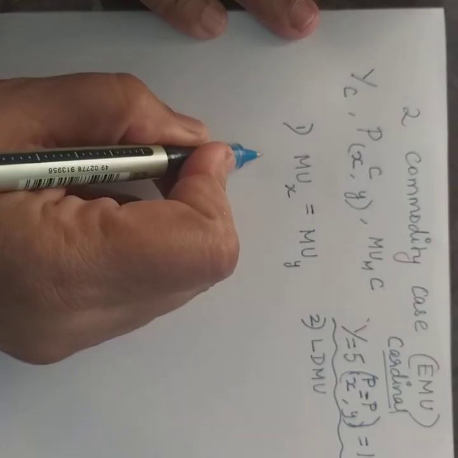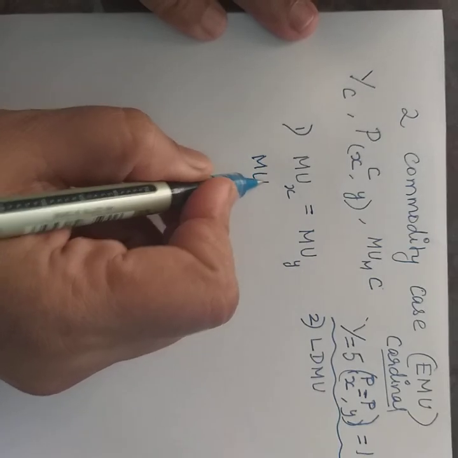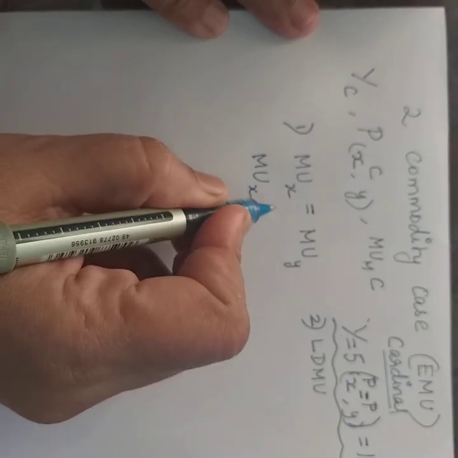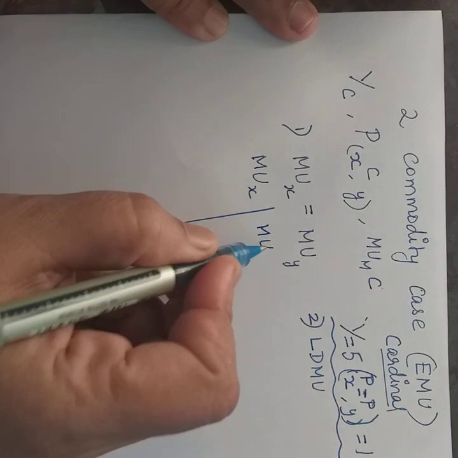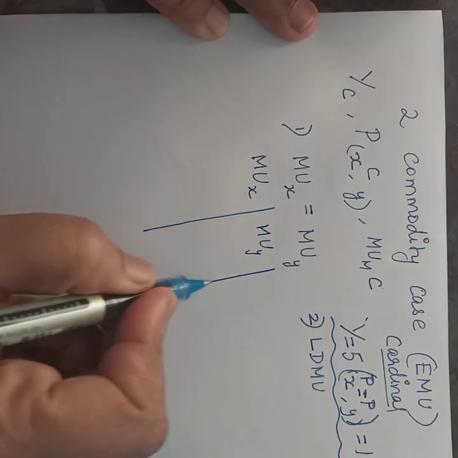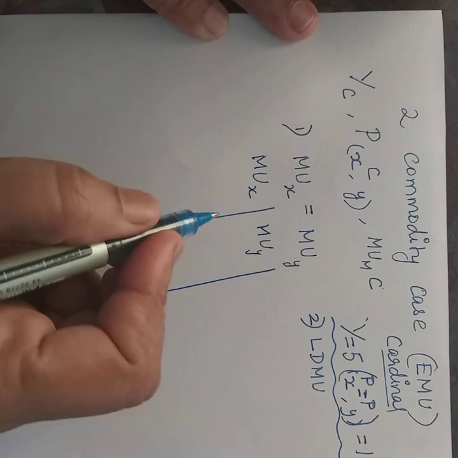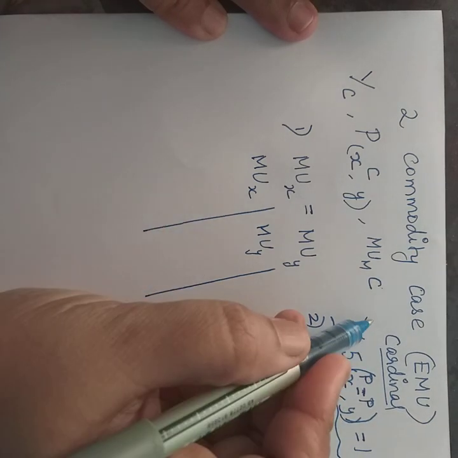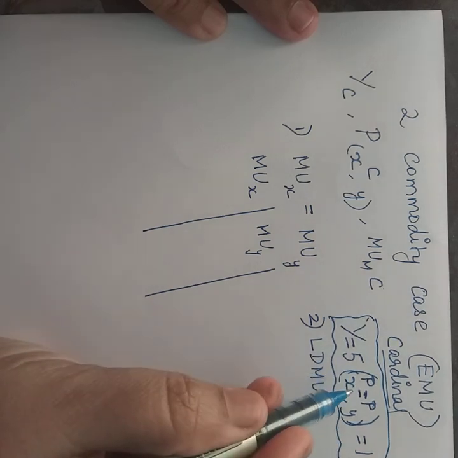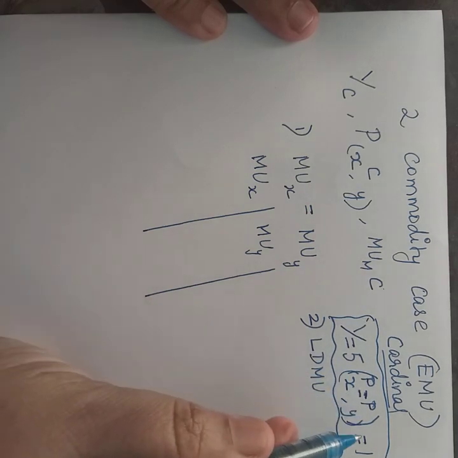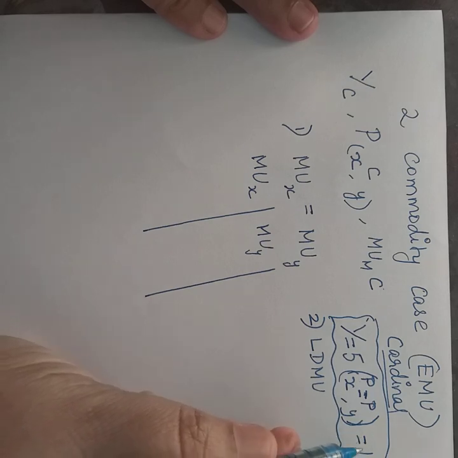So, we will see how the money is going to be spent on the two commodities and thereby the marginal utility derived from each. We've assumed income given to the consumer is 5 and the price of X commodity is equal to the price of Y commodity, and for simplicity's sake that's assumed to be 1.